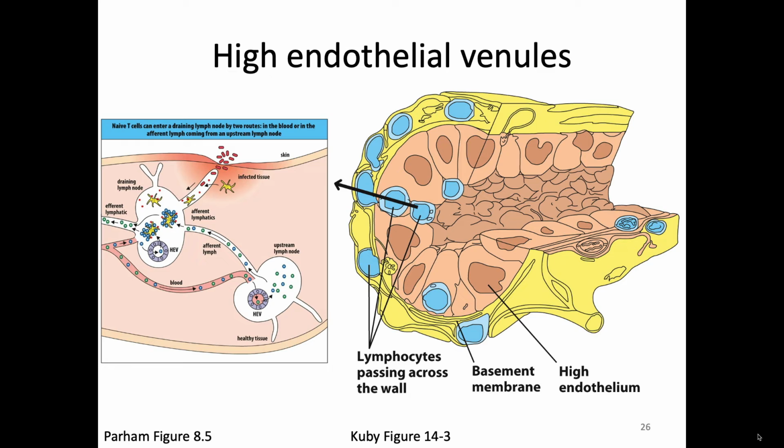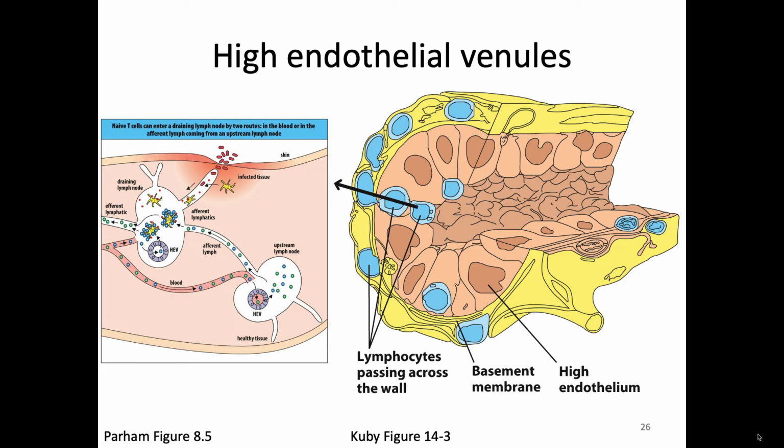The HEV is the specialized vessel that's in the lymph node, and it's the specialized vessel that those T cells are trying to get out of. And so you can think of it as the special vessel that is bringing T cells into the lymph node. HEV stands for high endothelial venule, which is listed on the top here.